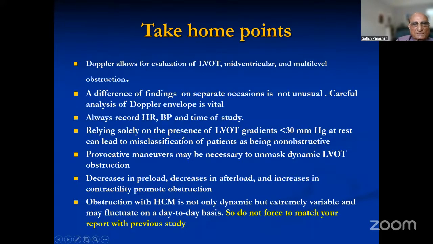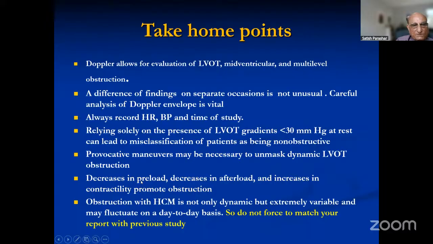Relying solely on the presence of LVOT gradients less than 30 millimeters at rest can lead to misclassification of patients as being non-obstructive. So provocative measures may be necessary to unmask dynamic LVOT obstruction.